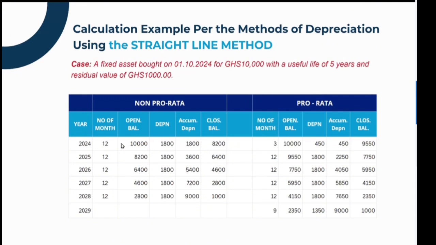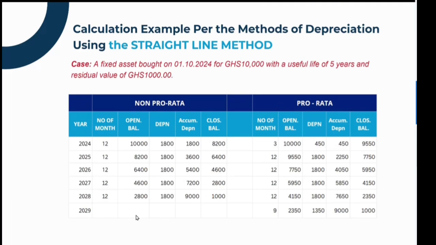In 2024, we're going to have 12 months if it is non-pro rata. 2025 is going to give 12 months, 2026. Because you are going to charge full depreciation in the first year, you will not have it cross into the sixth year. So you charge for 2024, 2025, 2026, 2027, 2028.